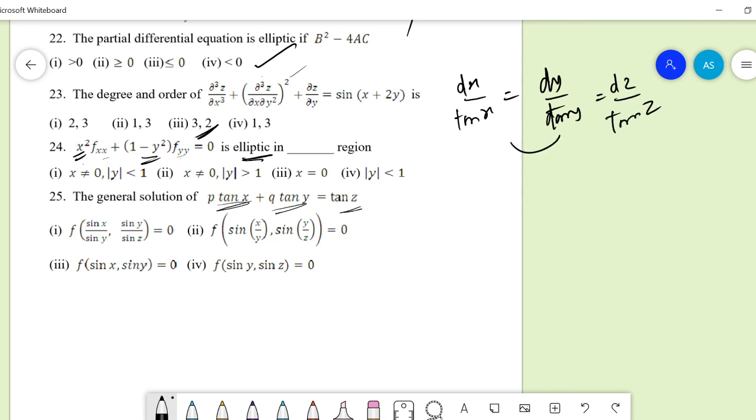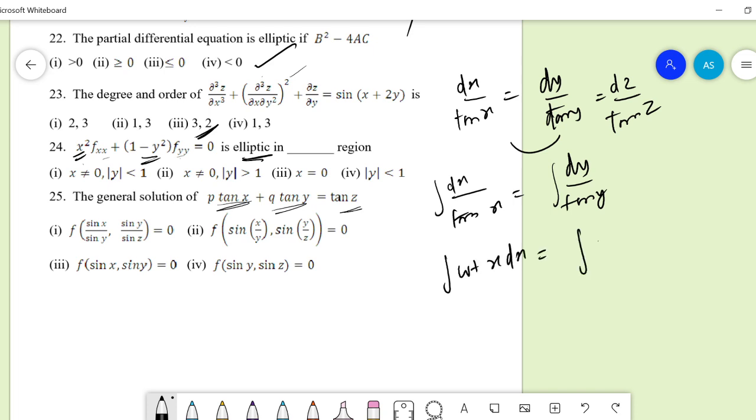First comparing these two, dx by tan x, dy by tan y. So 1 by tan x is cot x, and 1 by tan y is cot y. Integrating on both sides, the integral of cot x is log sin x, and the integral of cot y is log sin y.